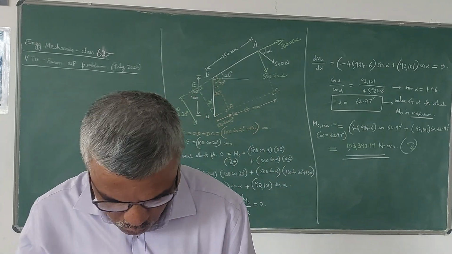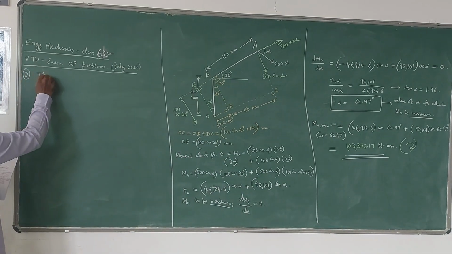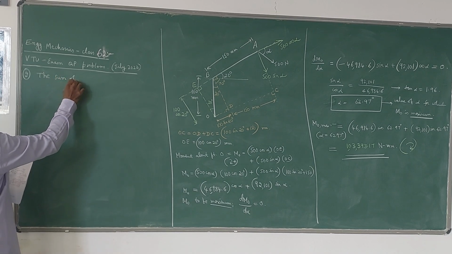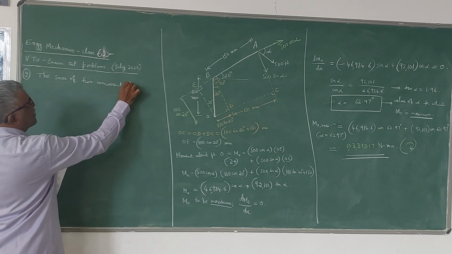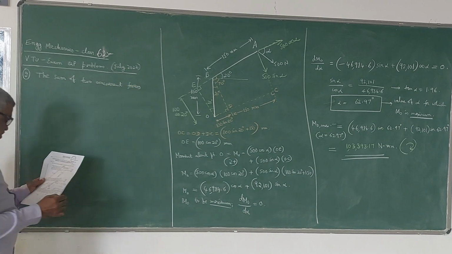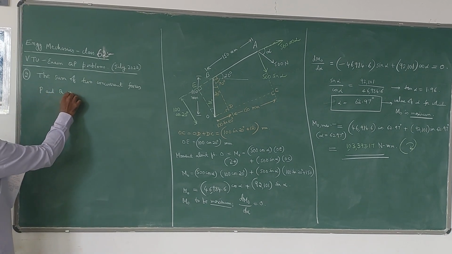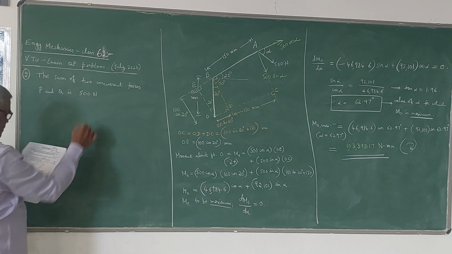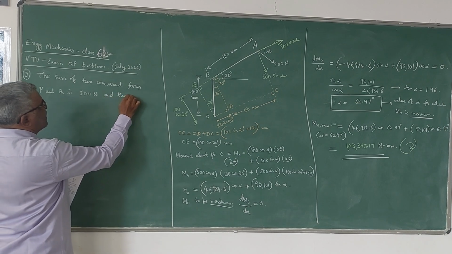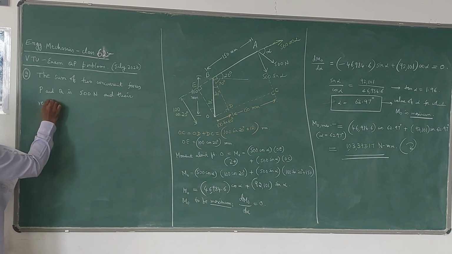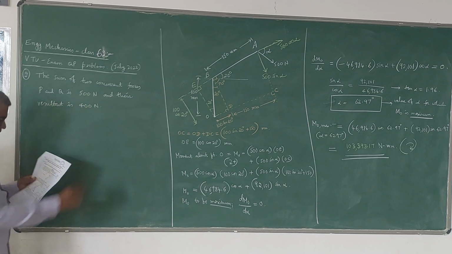The sum of two concurrent forces P and Q is 500 Newton and the resultant is 400 Newton. The figure is not given.